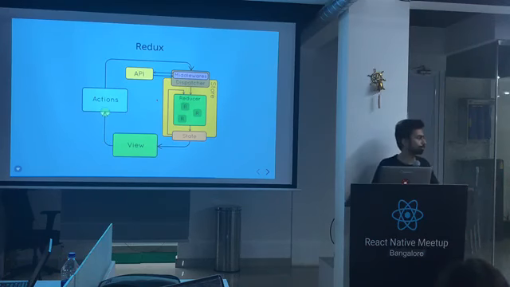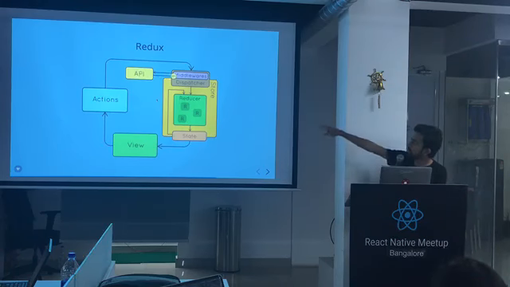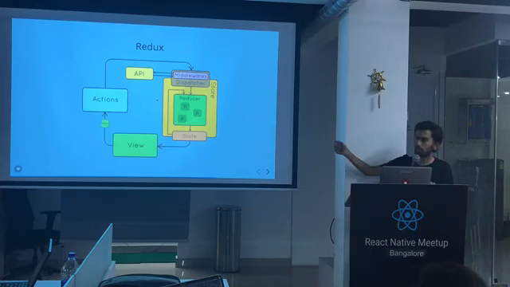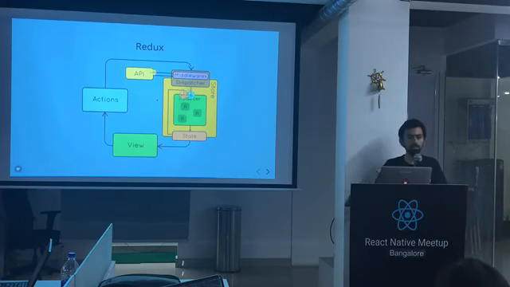It's just a function which accepts two parameters. As you can see, the reducer has two arrows coming into it. It gets the previous state, and through the dispatcher it gets the action. It checks what action it is and makes changes according to the action that was dispatched. Actually, it doesn't make changes to the state. It gets the previous state and returns a new state.